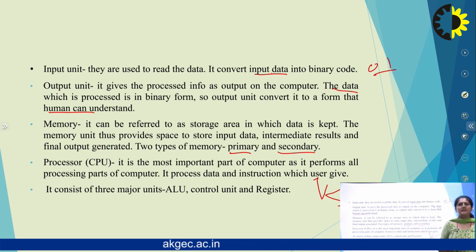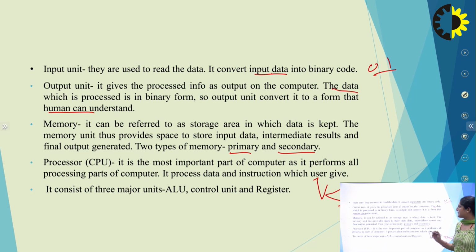It is the internal storage used generally by the CPU. It is volatile in nature, meaning the data stays in primary memory while we process it, but if the power is off, the data kept in primary memory will be erased.